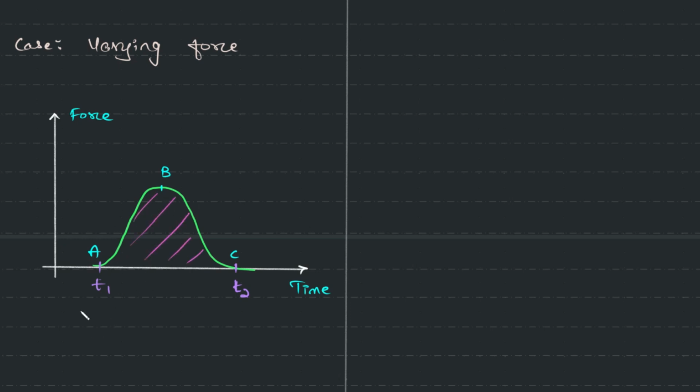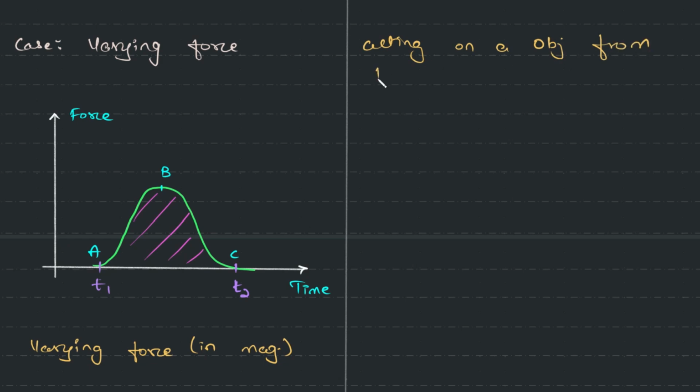Okay, so clearly you can see that force is varying. So we have varying force in magnitude acting on an object from time T1 to T2.